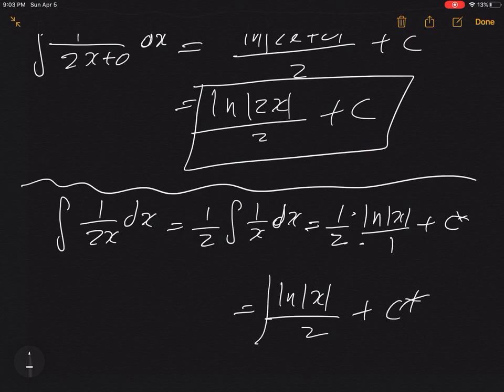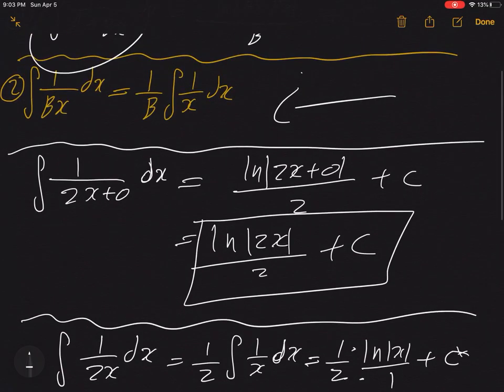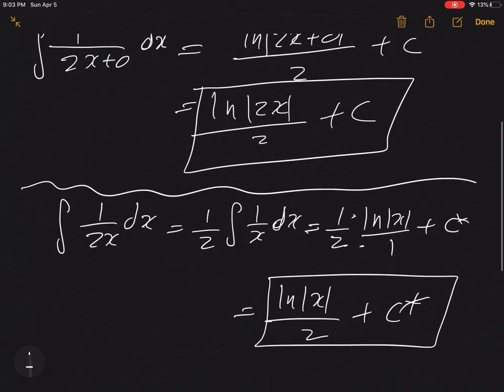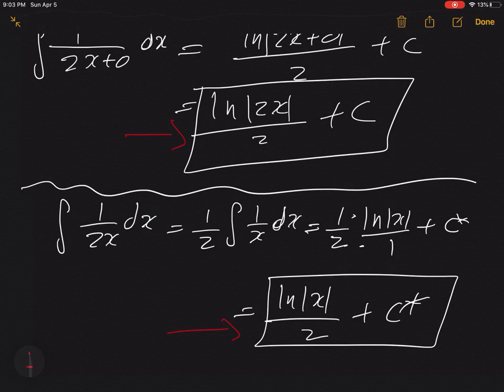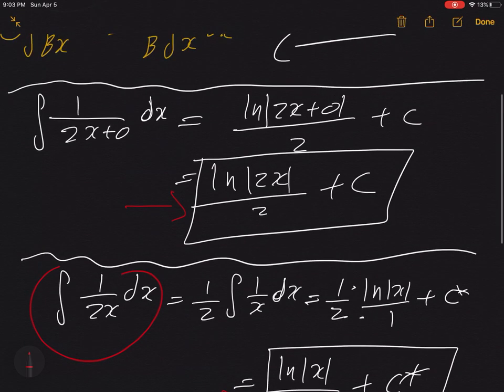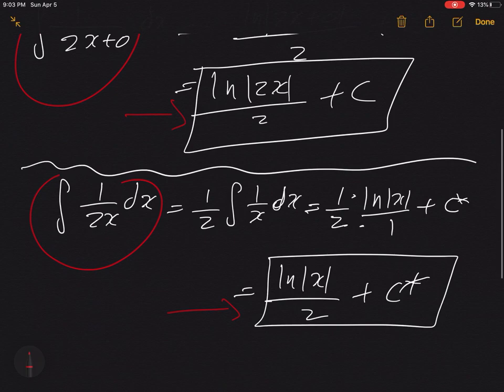And this is the answer for the same integral that we evaluated above. Take a moment just to look at both answers there that are for the same integral. This integral is the same as that integral, but look at the answers. What do you see there?